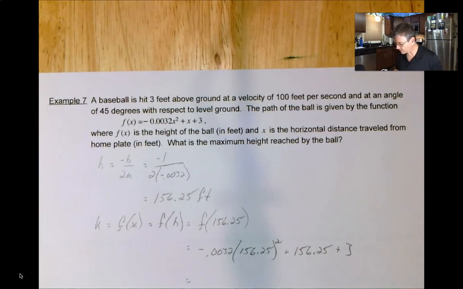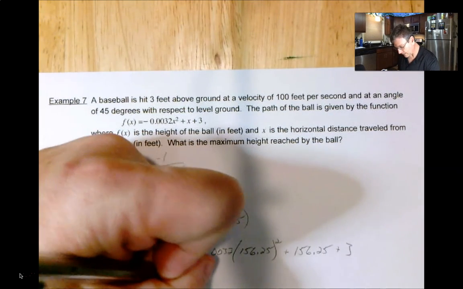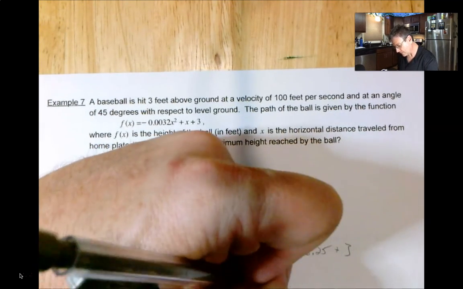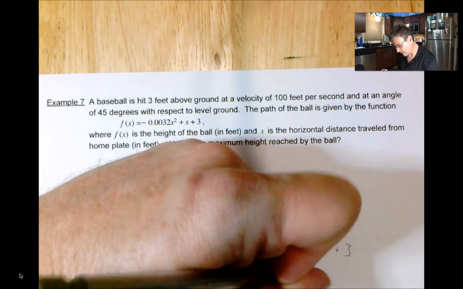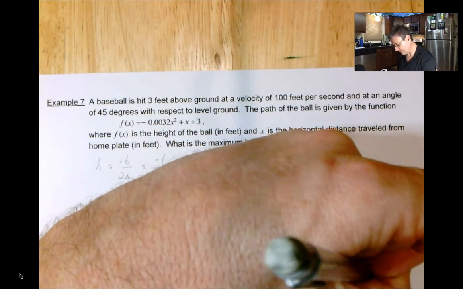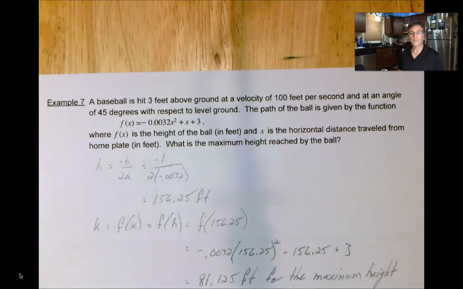So I'm going to square this value times negative 0.0032, and I'm going to add 156.25 and 3, and I end up with 81.125 feet for the maximum height of the ball.